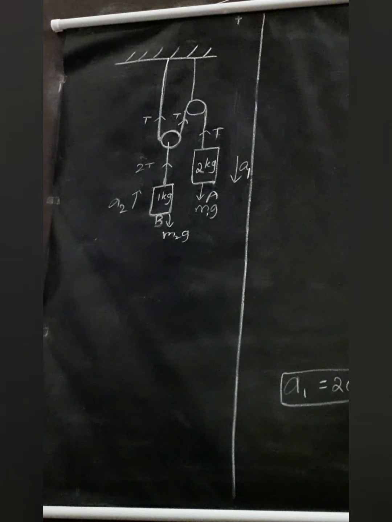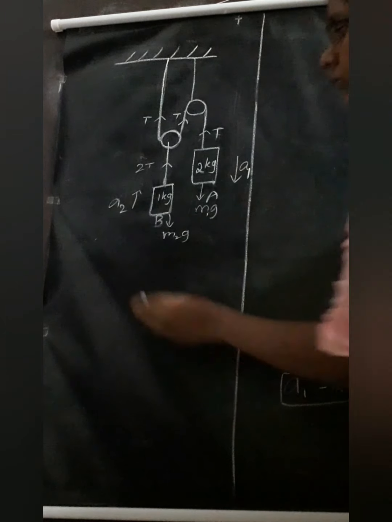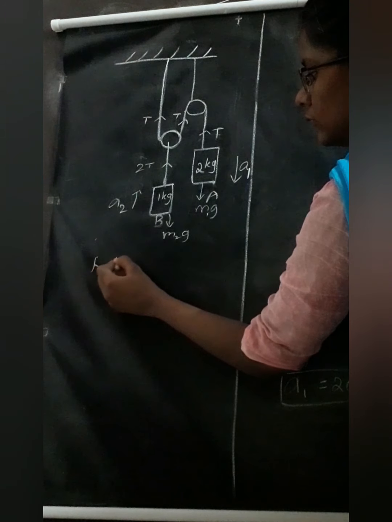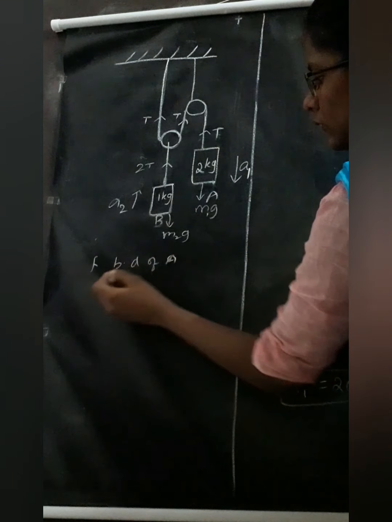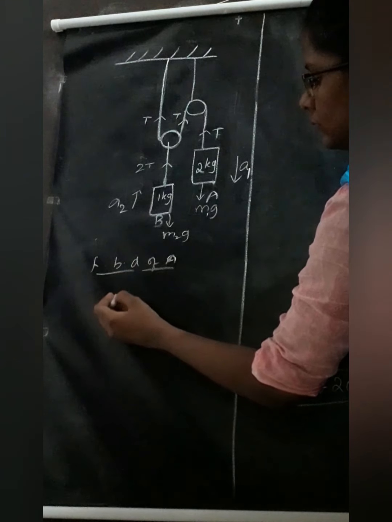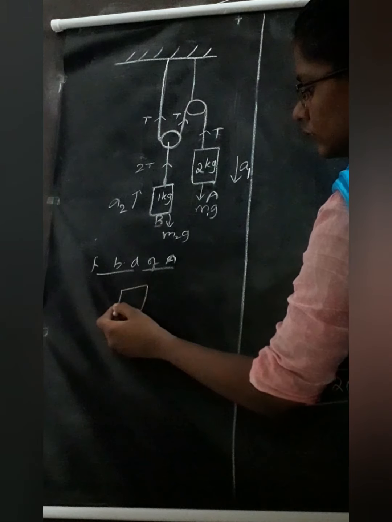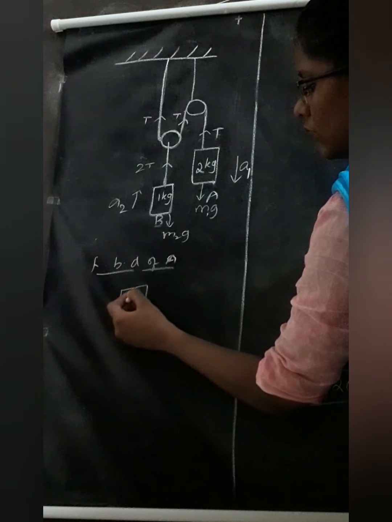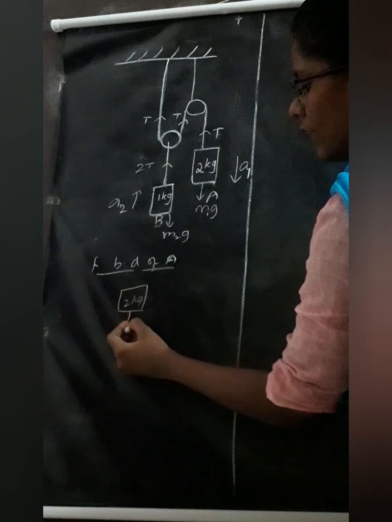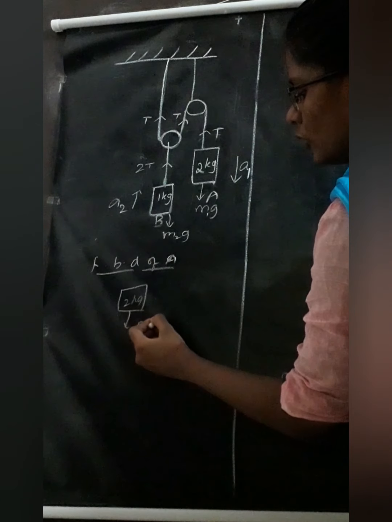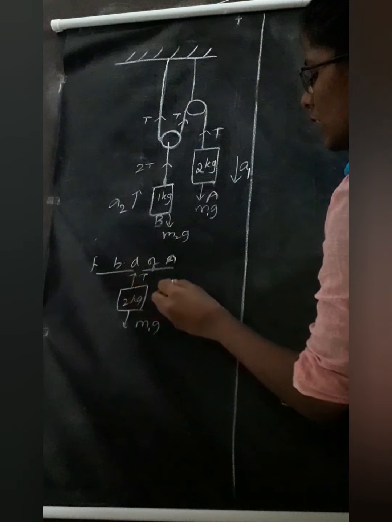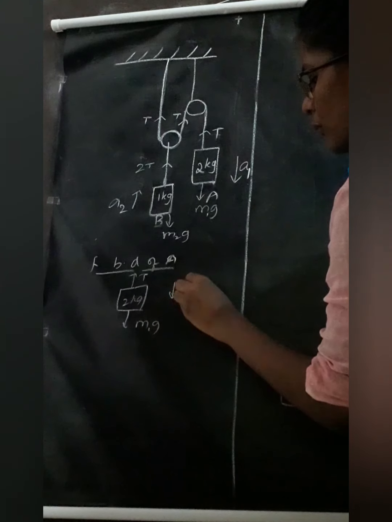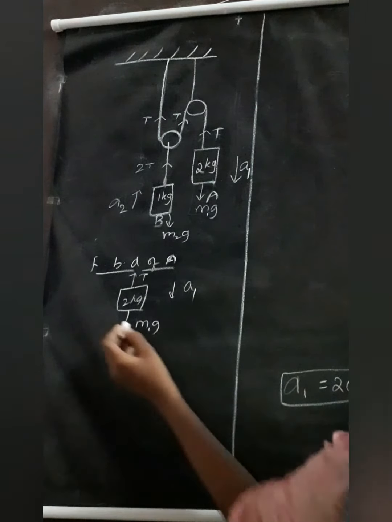Now we are going to draw the free body diagram of A. The weight of this block will act, m1g, in the downward direction. The tension will be acting in the upward direction. The resultant acceleration A1 is going to act in the downward direction.